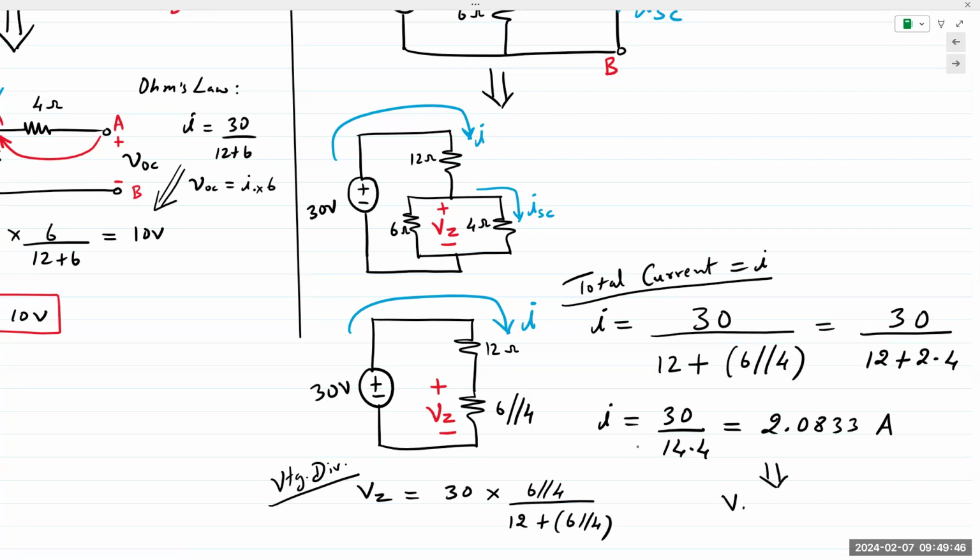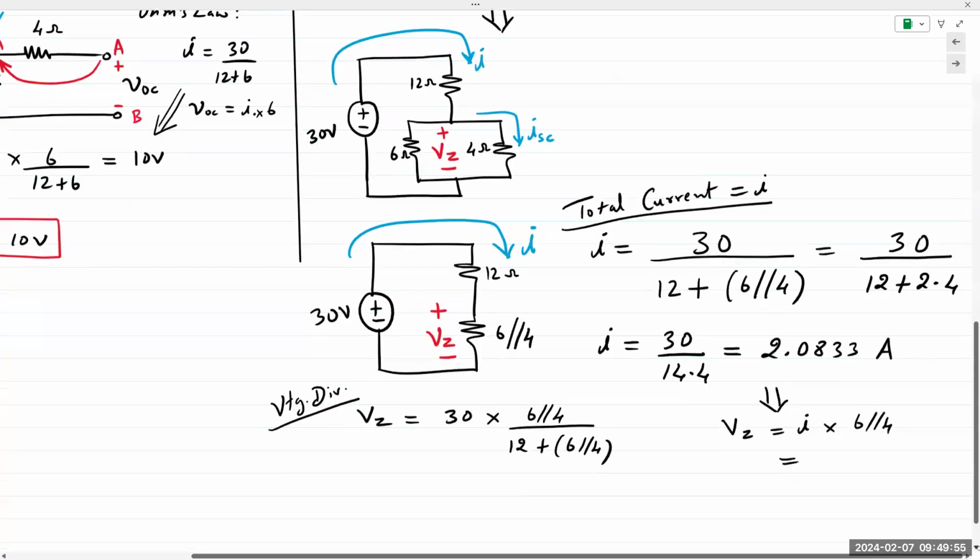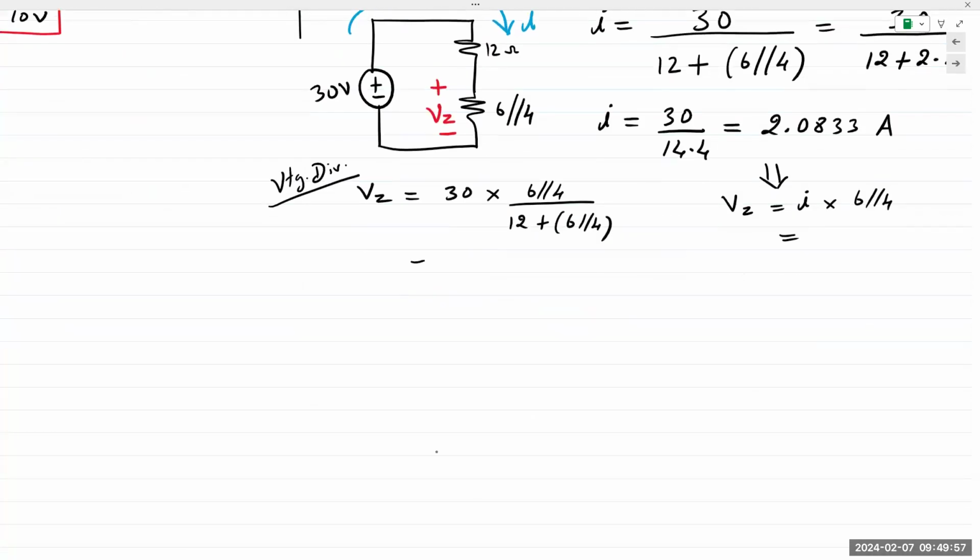From here, I can say VZ is equal to I times 6 parallel 4. I'll leave you to do that calculation. Here, it would be 30 times 2.4 divided by 14.4. And this comes out to be 5 volts. It'll be the same thing here.